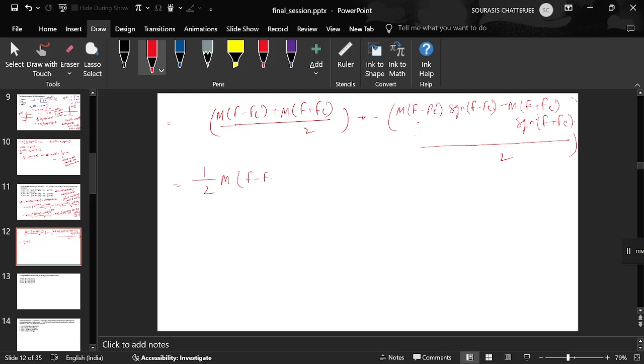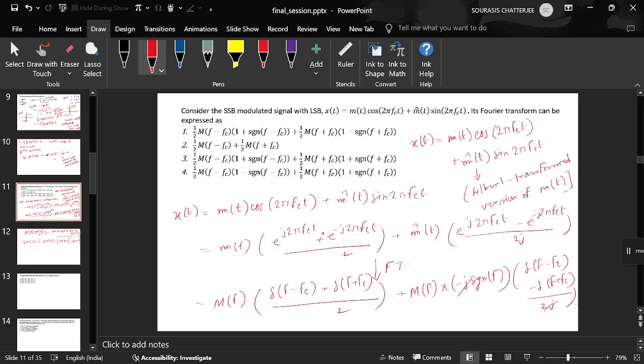If I take f minus fc common here, it will be 1 minus sin f minus fc, plus M f plus fc times 1 plus sin f plus fc. So accordingly the answer is going to be M f minus fc times 1 minus sin, the fourth one.